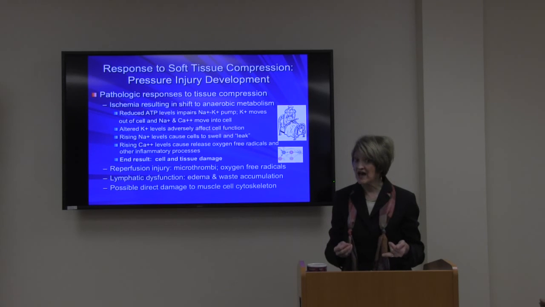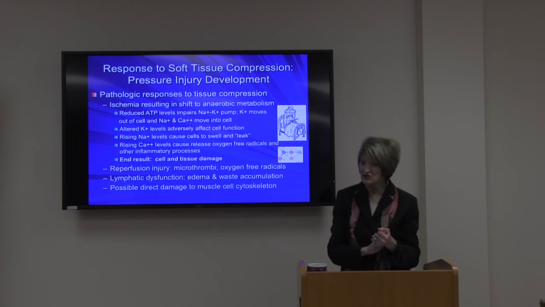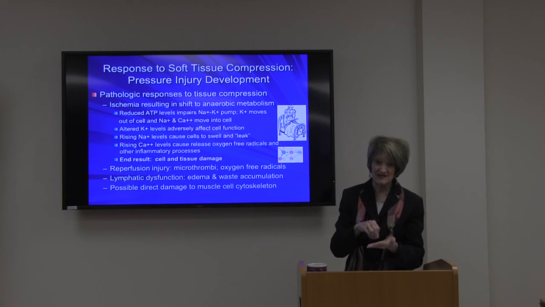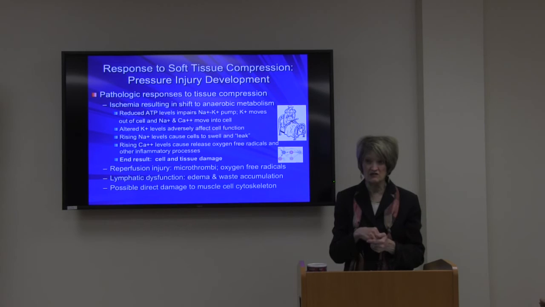You get lymphatic dysfunction. So when you compress the capillary bed, you're also compressing the lymphatics. That compromises their ability to pick up fluid and return it to the bloodstream, and causes progressive edema and waste accumulation.